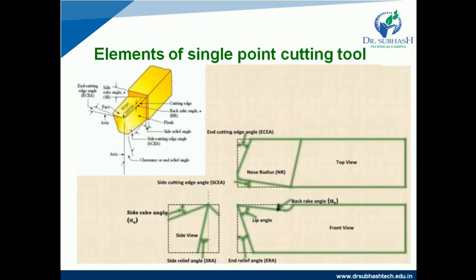First of all you can see the figure, elements of single point cutting tool. With the use of the figure you can easily understand the different elements and their importance of the single point cutting tool.